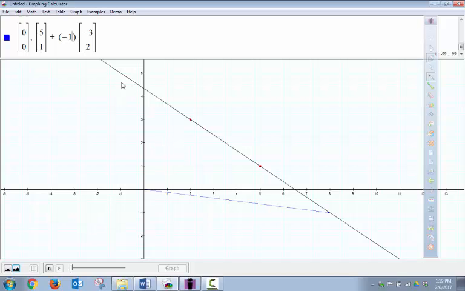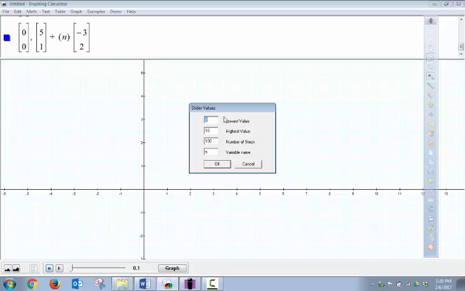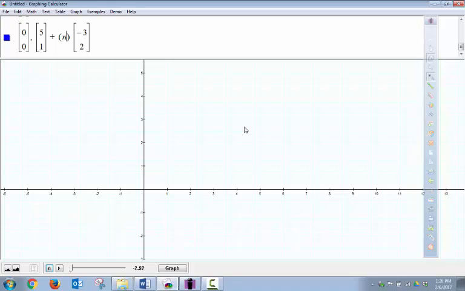And so now let's just make it equal to n, and let's let n go from, I don't know, -3 to 5. So now as my t changes, I'm calling it n, as my n changes, these are the numbers for t, it's going to be drawing out that line.